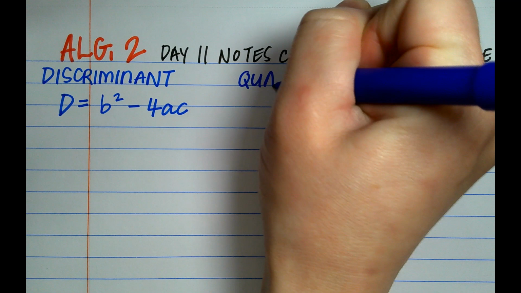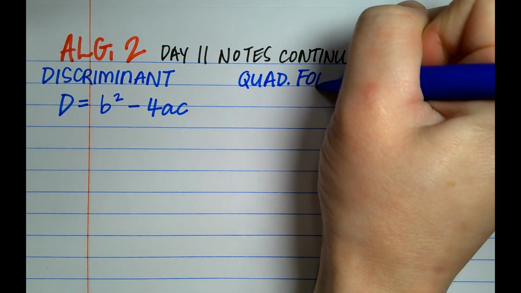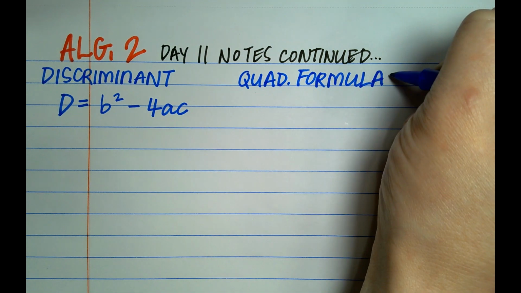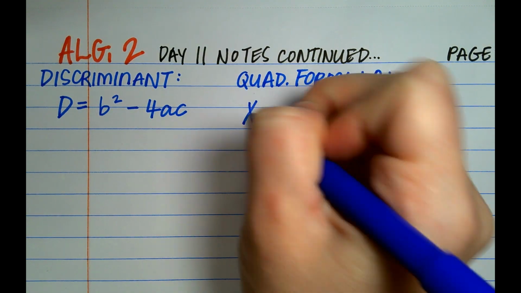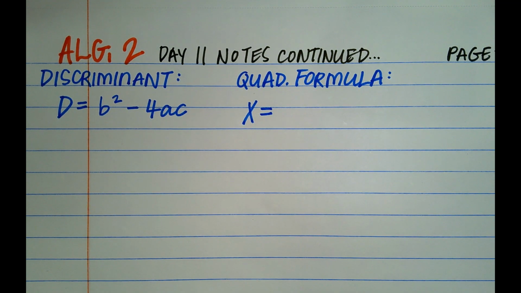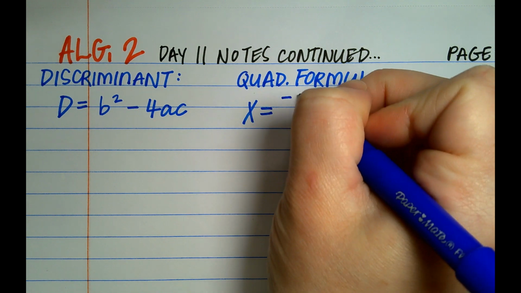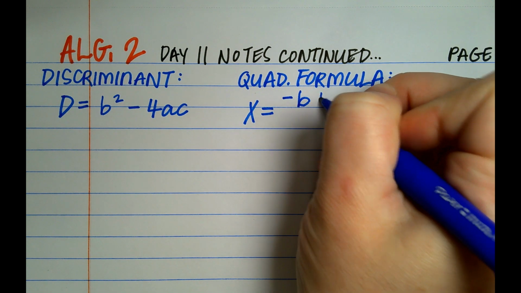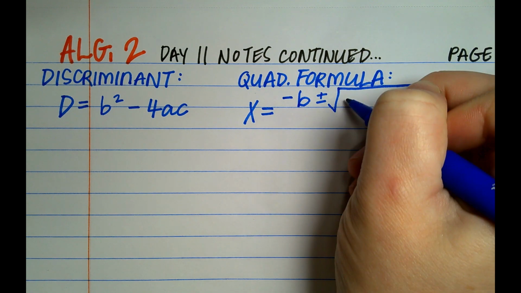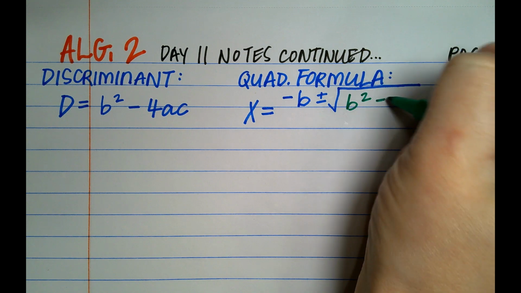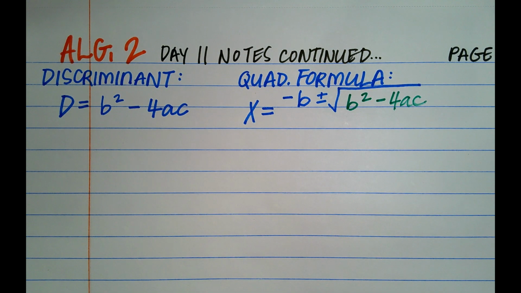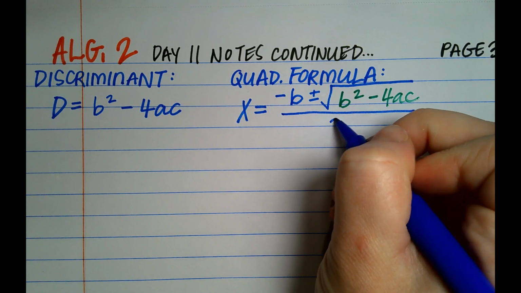So, the quadratic formula, when we're solving for x, we'll say that we have x equals negative b plus or minus the square root of, and now I'm going to use a different color, b squared minus 4ac, all over 2 times a.